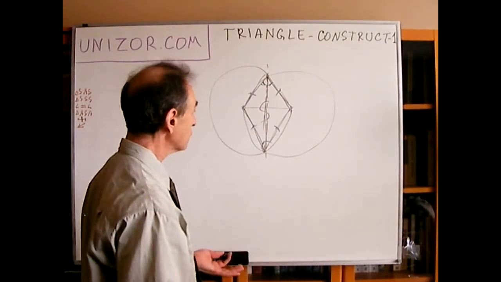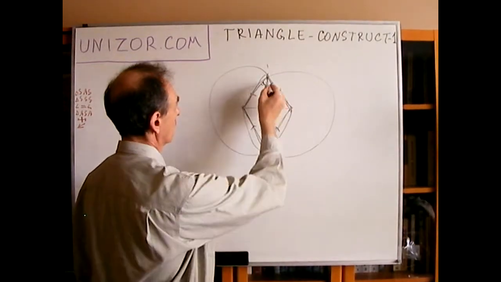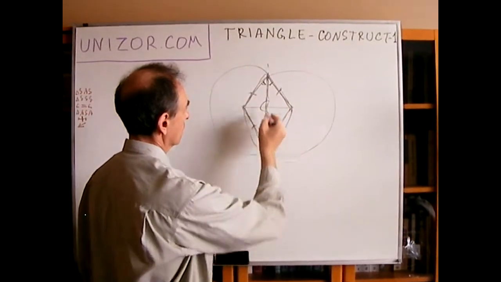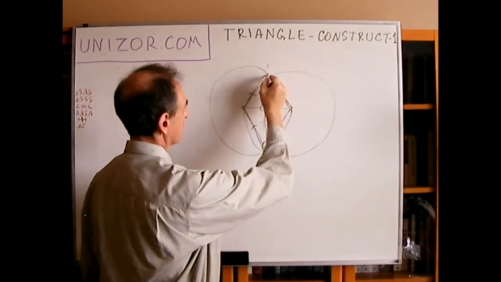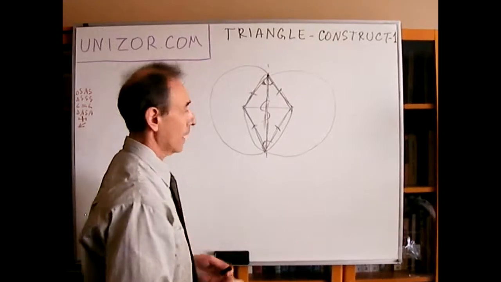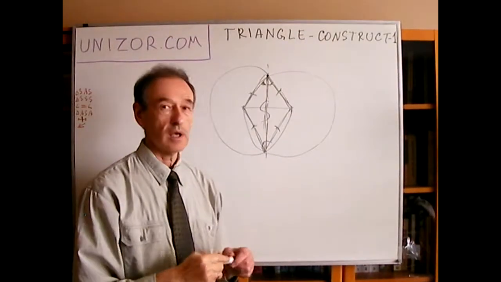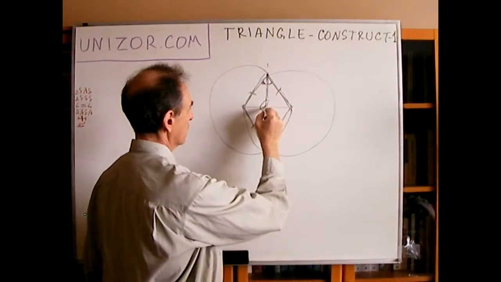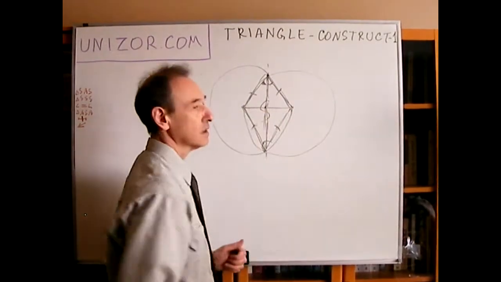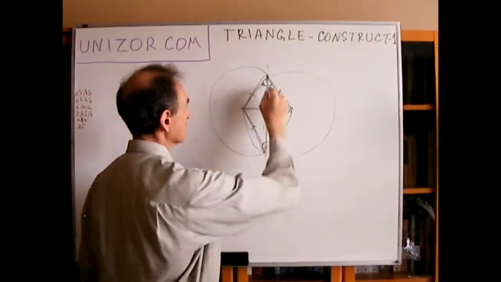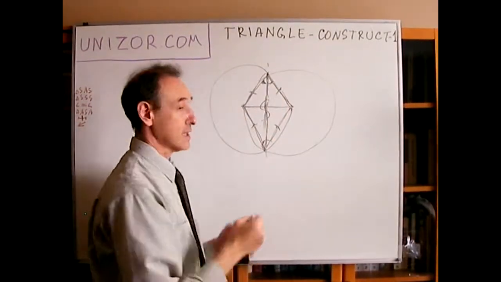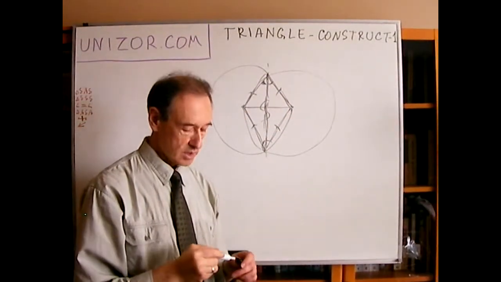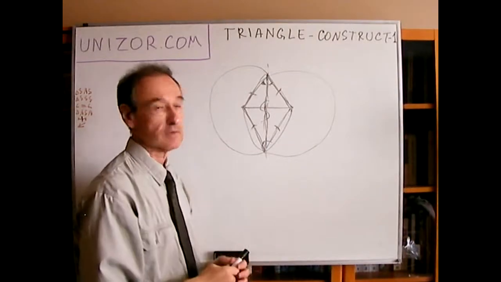And therefore, this line is an angle bisector of this angle. And since it's an angle bisector, it's a median, which means this point is the middle point of this segment, and an altitude, which means it's perpendicular. And that's exactly what we need. We need a perpendicular bisector of a segment.